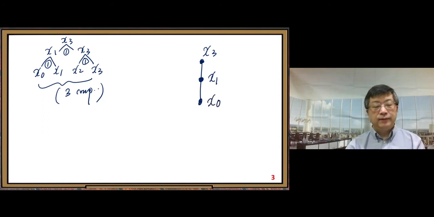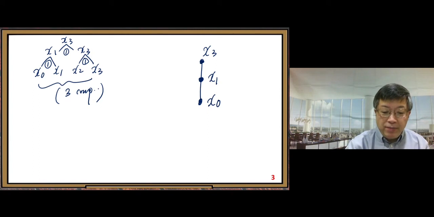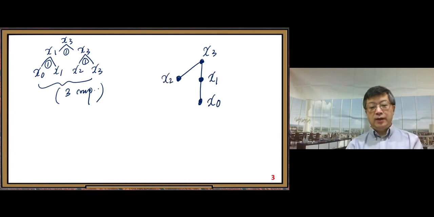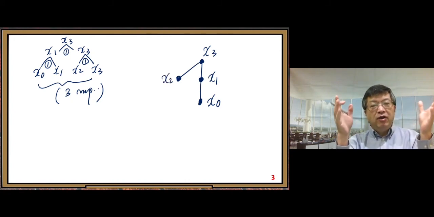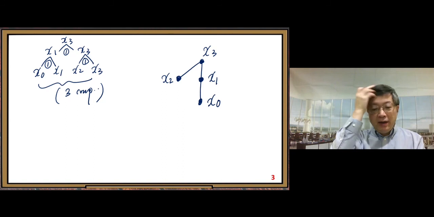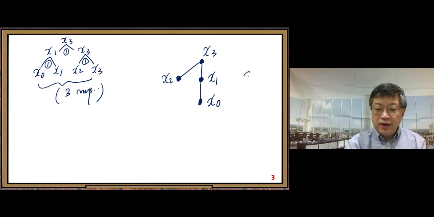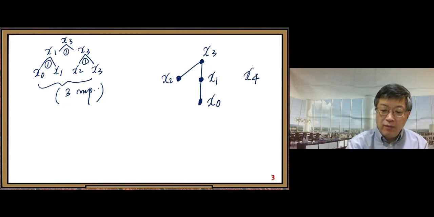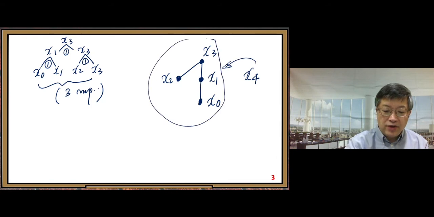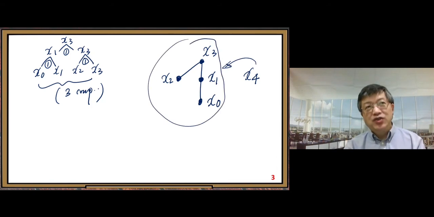But we also know another piece of information: x3 is greater than x2. That's the current information we have. Now we want to consider x4. We want to insert x4 somewhere in this tree.